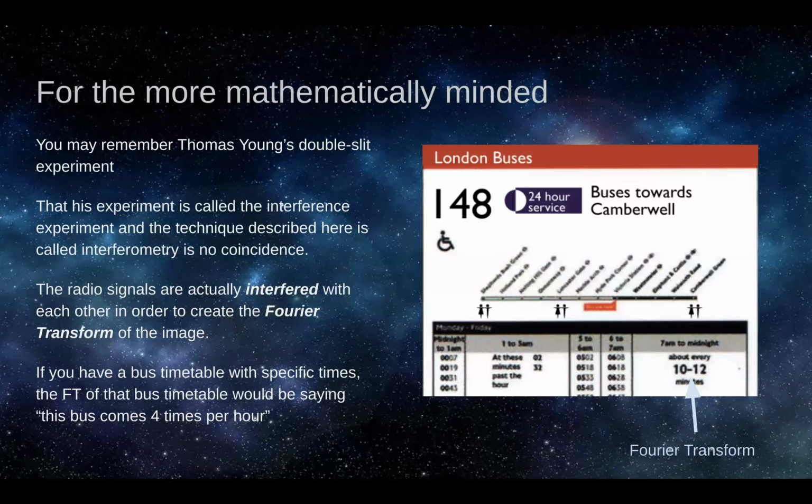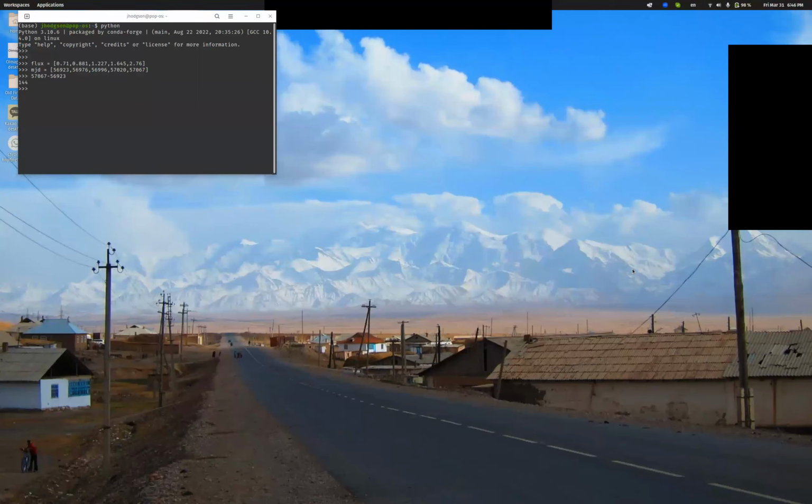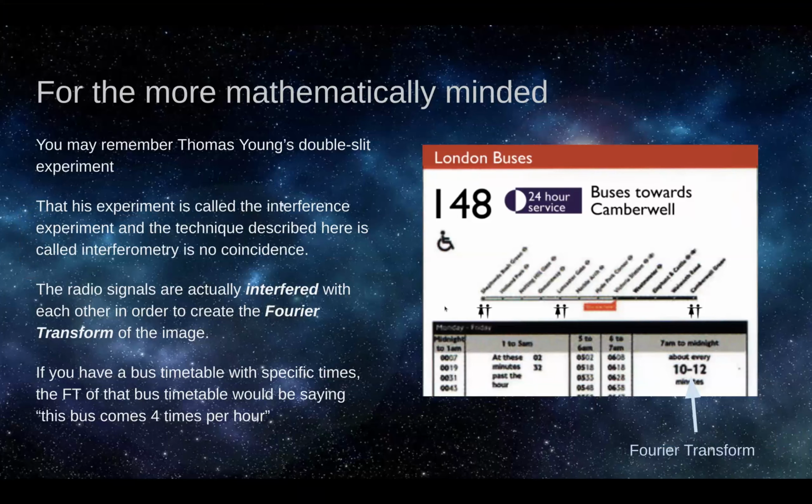That's the Fourier transform. The phases of the Fourier transform would be saying that it runs 4 times per hour, but starting at 7:05, and then repeating. So that's what the phases are, because that's telling you where exactly your power is coming from. Hopefully that gives a bit of an intuition for what's going on.